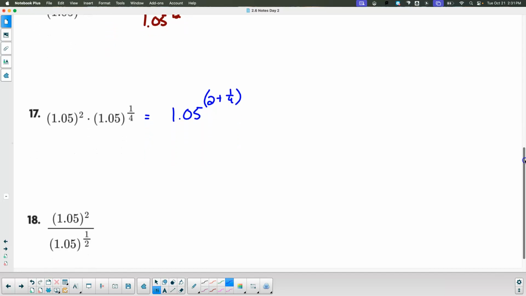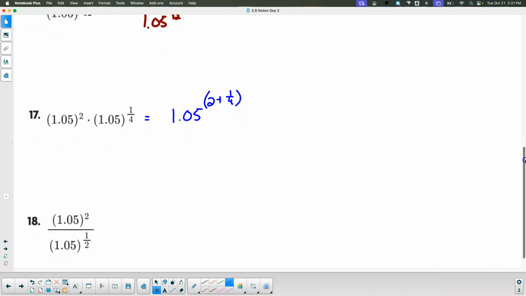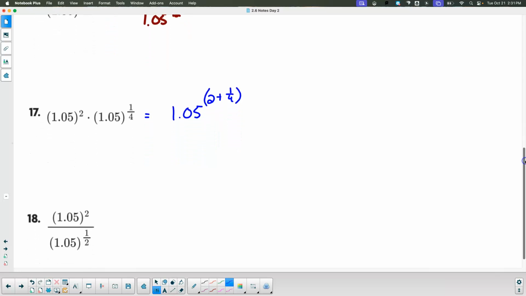Does the fraction have to go over 1.05? Yes. I have an answer. What's 2 plus 1/4?